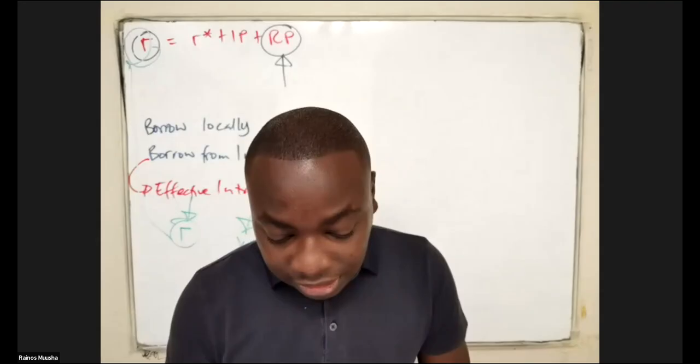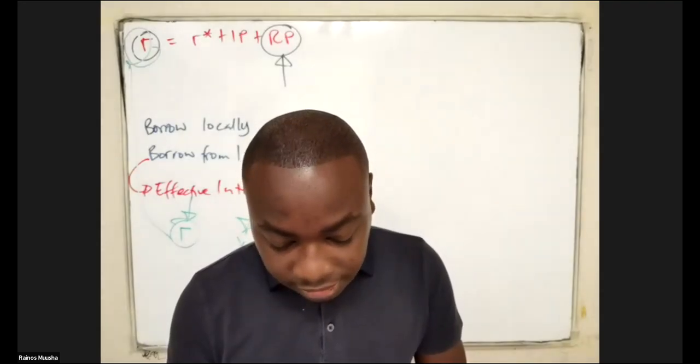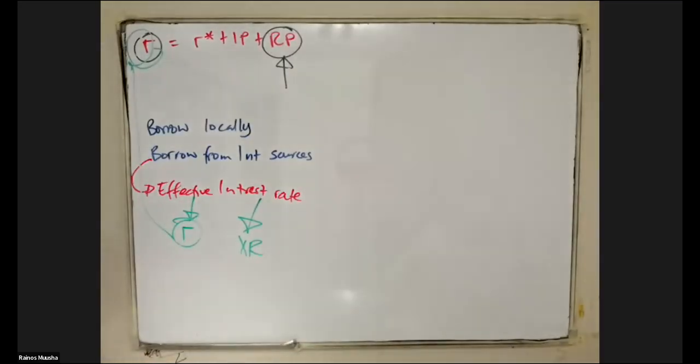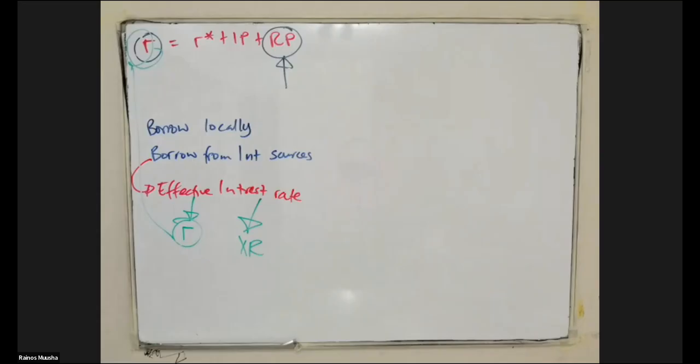So you see that additional reading 1 looks at multinational cost of capital and capital structure. When you look at additional reading 1 here, you are basically saying that from a multinational perspective, how do you determine the cost of capital? Because remember, we have seen that there are different elements that end up affecting the risk premium, right?